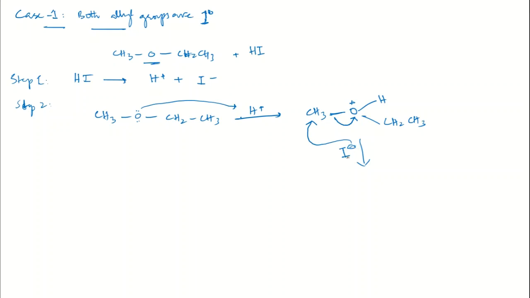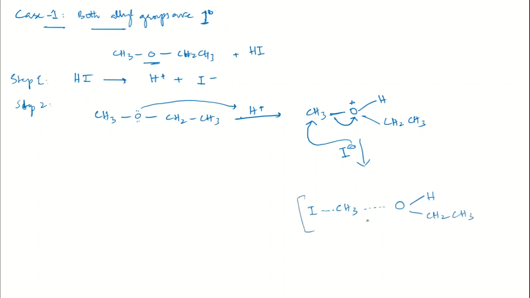That is, there is a bond formation between the iodine and CH3, and bond breaking between carbon and oxygen, and this can be represented by this transition state. We have CH2 CH3.